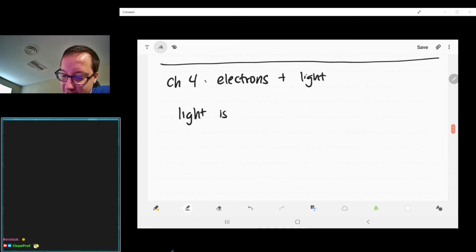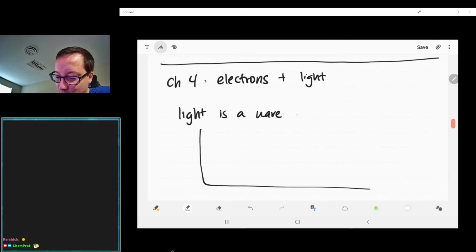So let's talk about light. Light is a wave. Specifically, it is a wave of two components. We have an electric field plus a magnetic field.